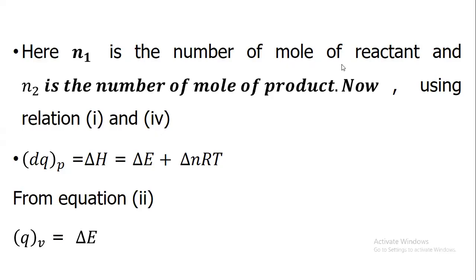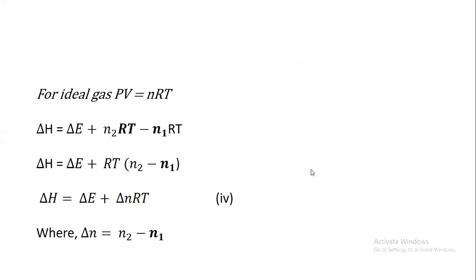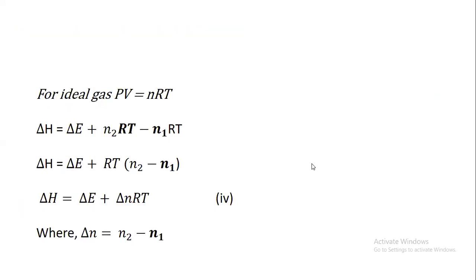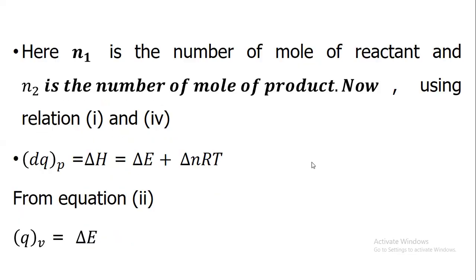n1 is the number of moles of reactant and n2 is the number of moles of product. Using relation first in fourth, we have equation first: QP equal to delta H, and fourth equation: delta H equal to delta E plus delta n RT.